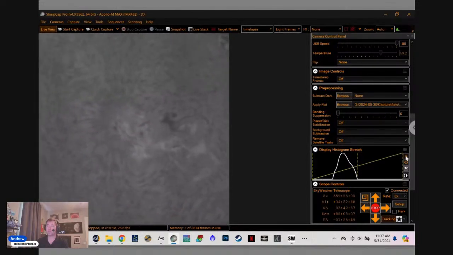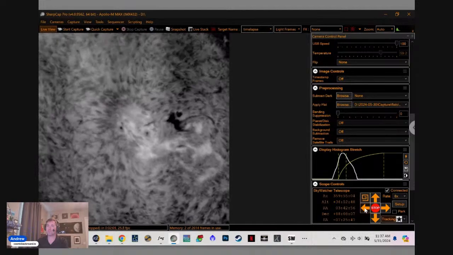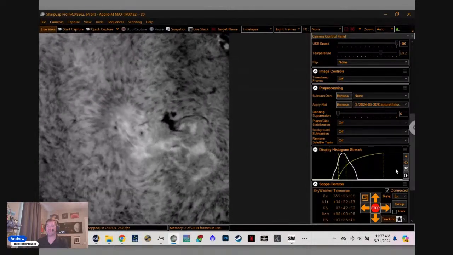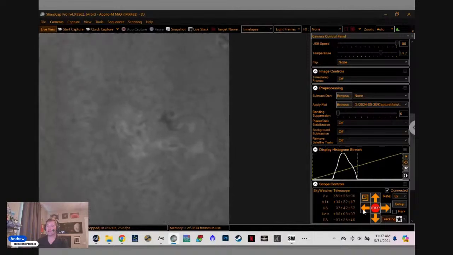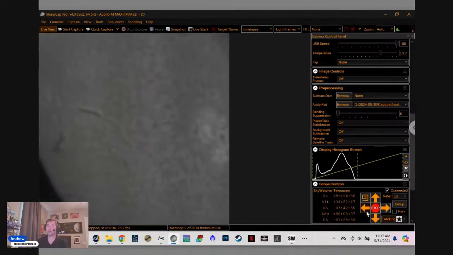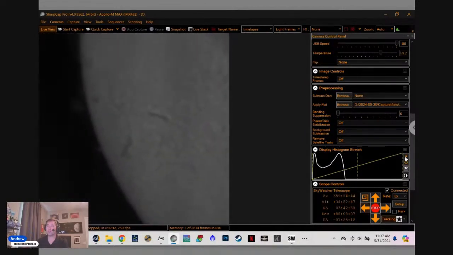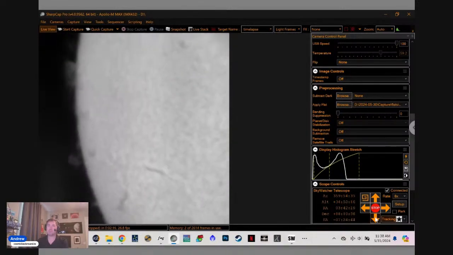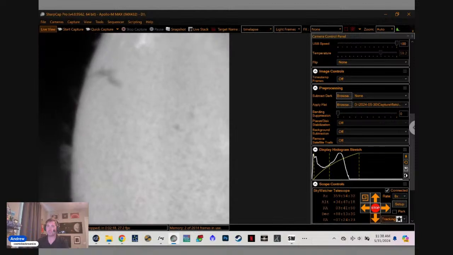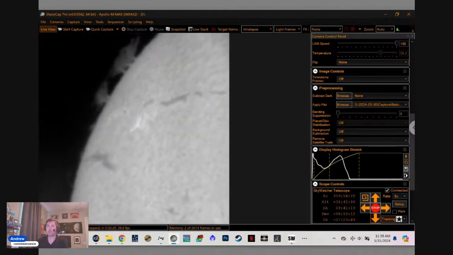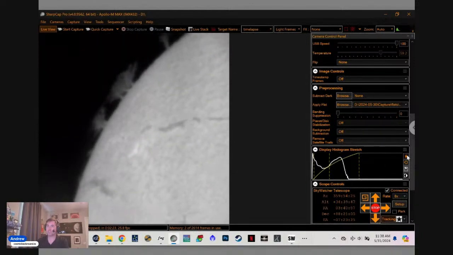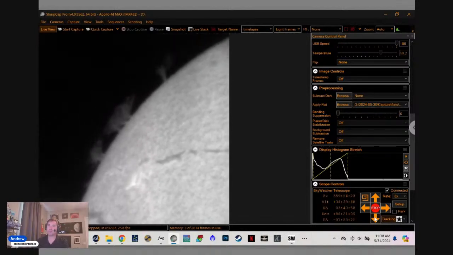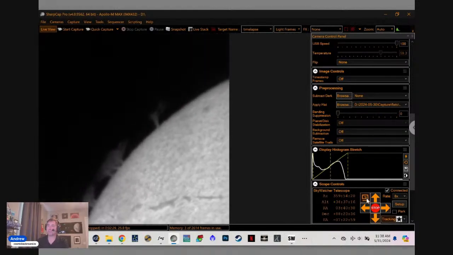Here's another active region. Let's increase the speed. There we go. This is a series of sunspots in an active region. What else we got? We got some filaments and prominences. Yep, very nice. Look at all these. They look like trees. So many prominences.